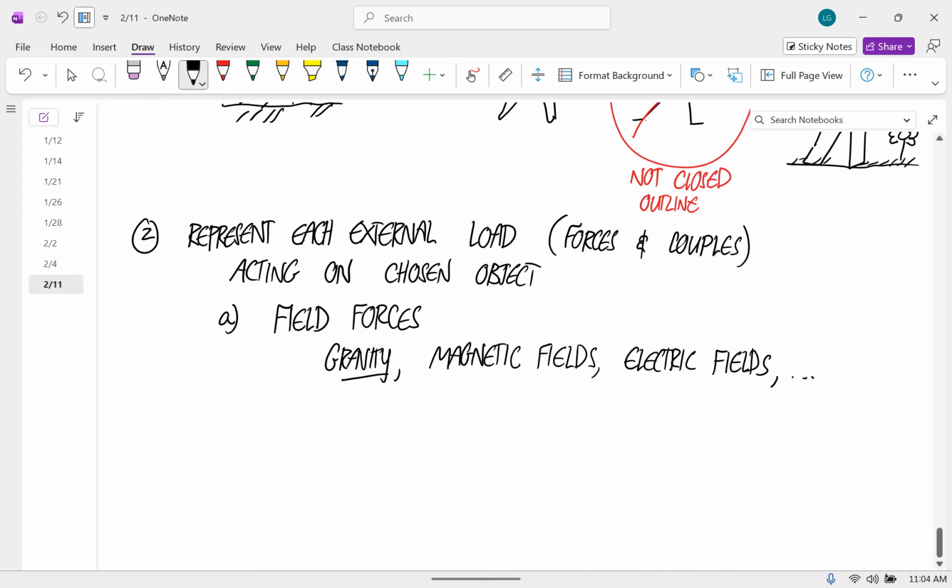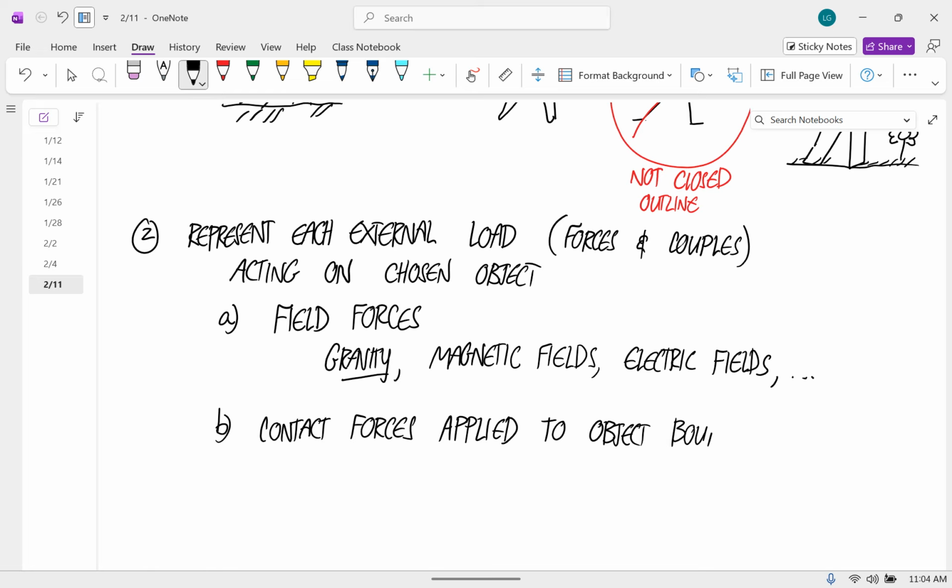And besides this, there's only one other type of force that can act, and that is contact forces, applied to the object boundary by the surroundings.